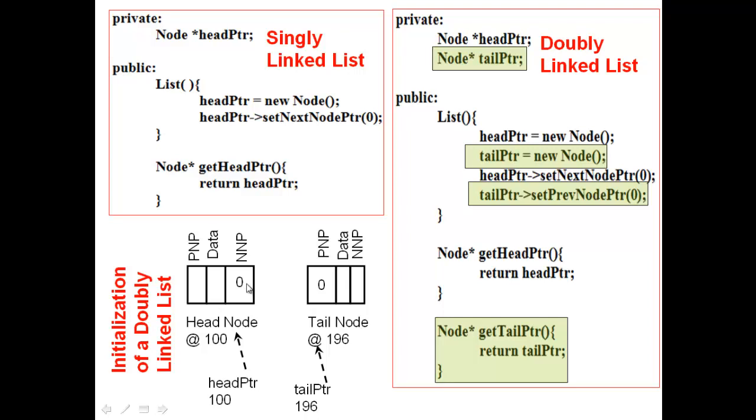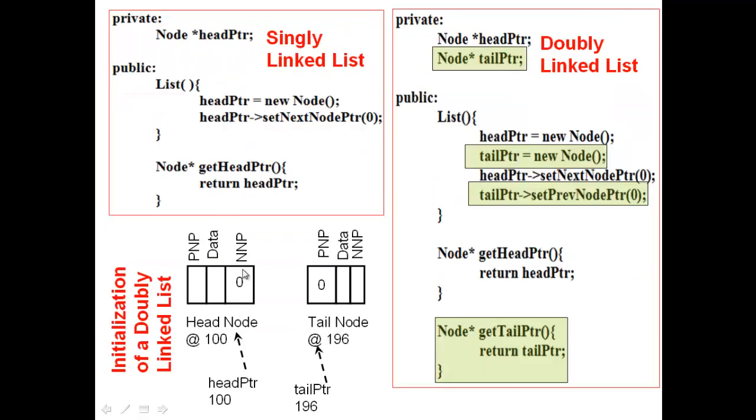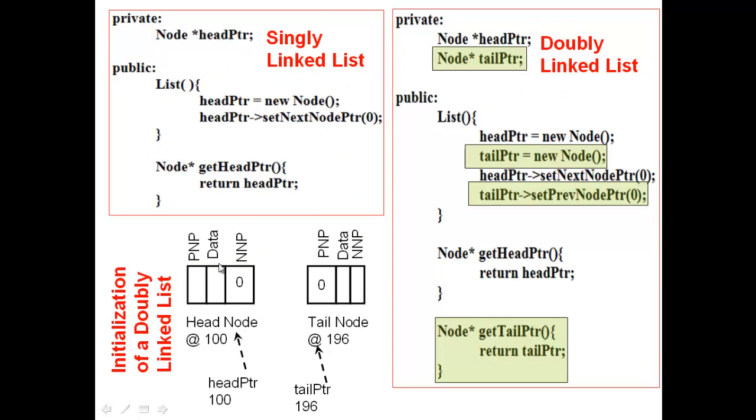One is to check the next node pointer value for the head node: head pointer arrow get next node pointer. If the head node's get next node pointer is 0, return true, the list is empty.